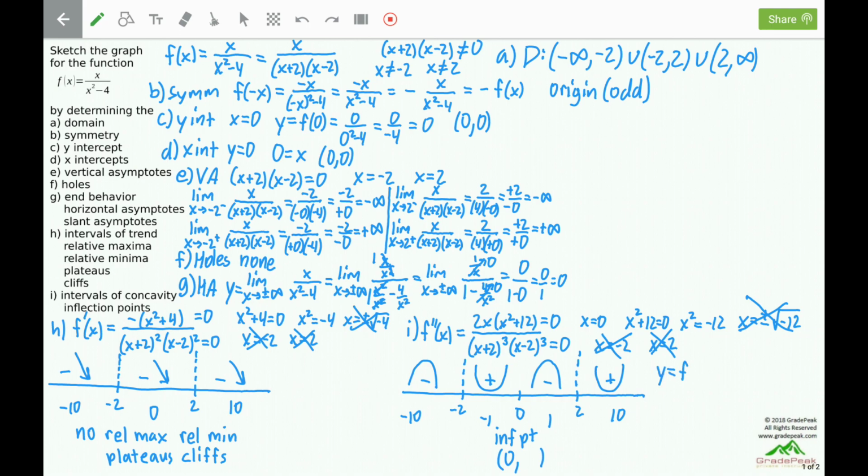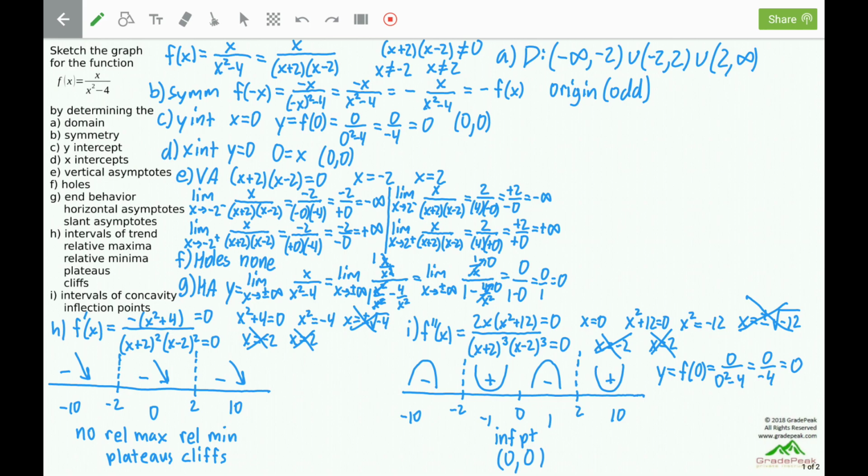So y equals f of 0, which is 0 over 0 squared minus 4, which is 0 over 0 minus 4, which is 0 over negative 4, and 0 over any non-zero number is 0. So we have a corresponding y-coordinate of 0. 0, 0. We found that to be the y-intercept and the only x-intercept up above. Apparently it's also an inflection point.